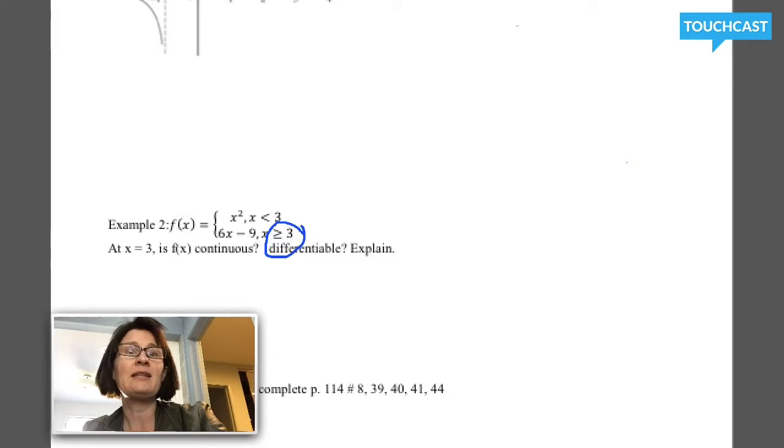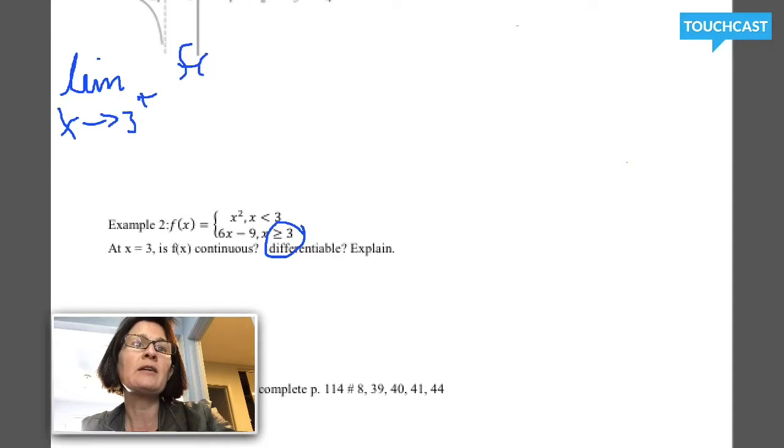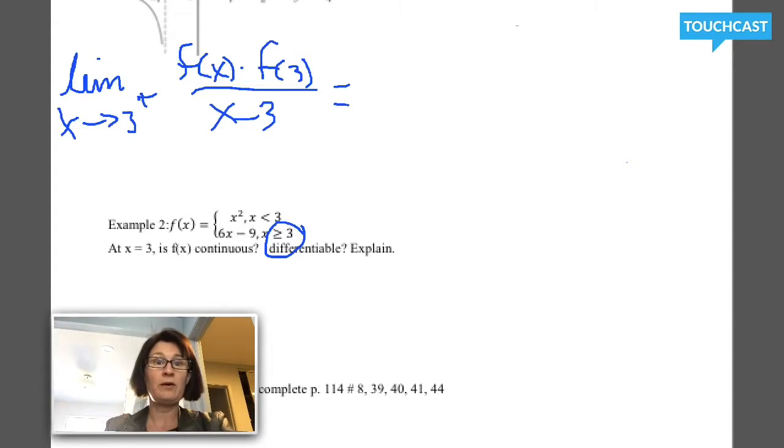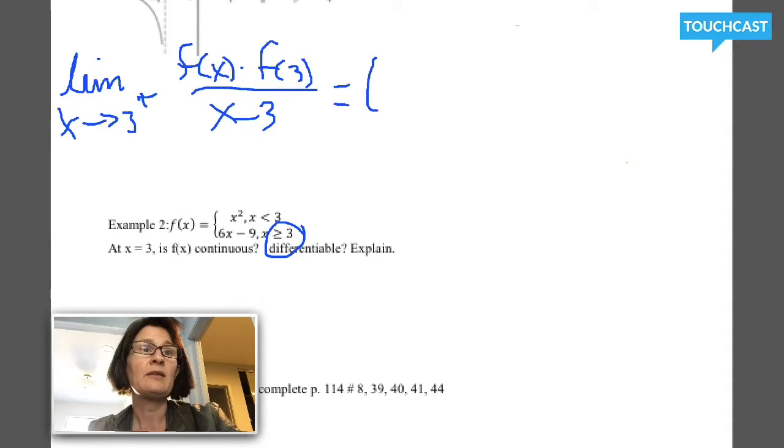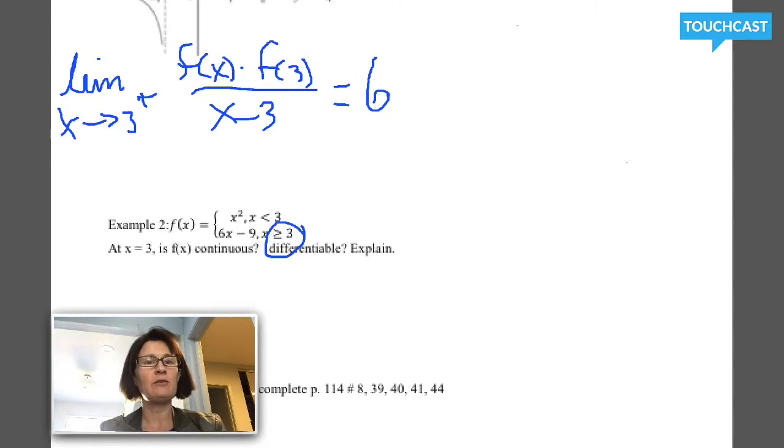So I would say that the limit as x approaches 3 from the right of f of x minus f of 3 over x minus 3 is the slope of this function. The derivative, as I come from the right, is going to be the slope of that line, which is 6. Well, that's good. So now I'm hoping that the derivative from the left is also going to equal 6. So what am I going to do? I'm going to bust out my definition.